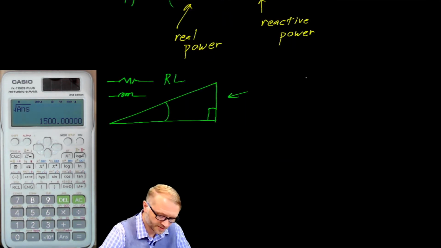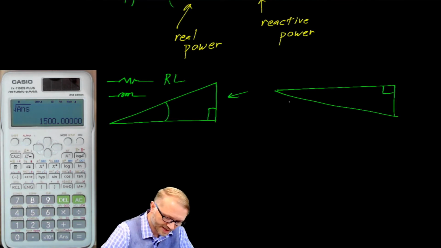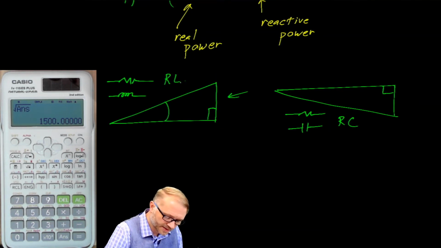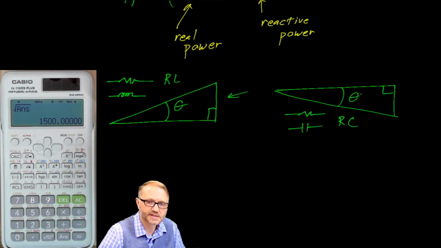Not to be confused with this power triangle, which is for capacitive circuits, so resistive capacitive circuits, so RC. Again, for RL, the power triangle is positive, right? This angle theta is positive. For an RC circuit, the angle is negative.